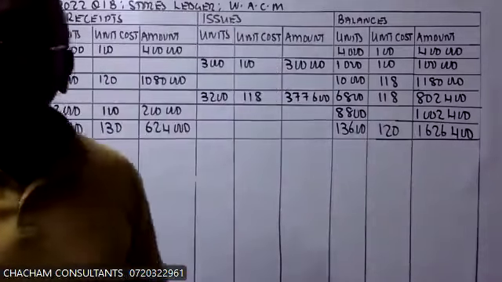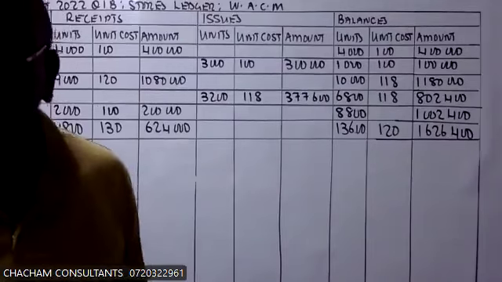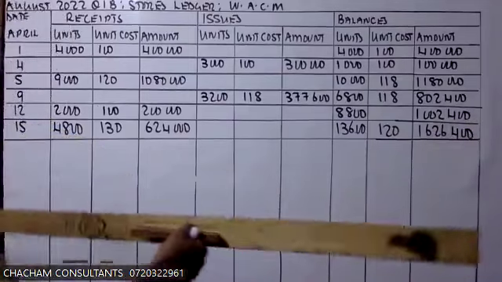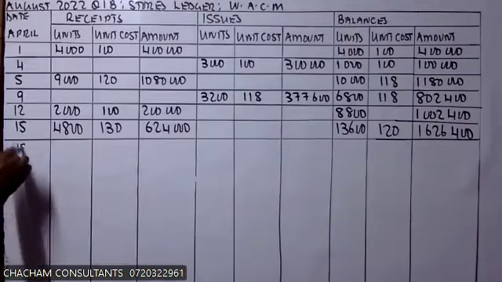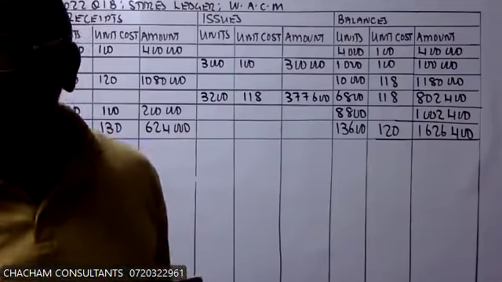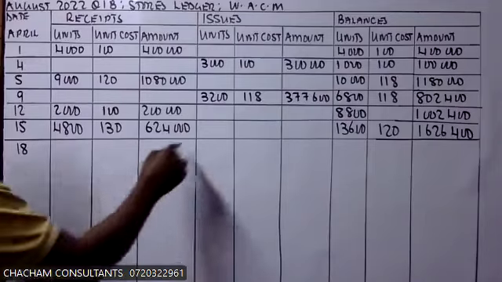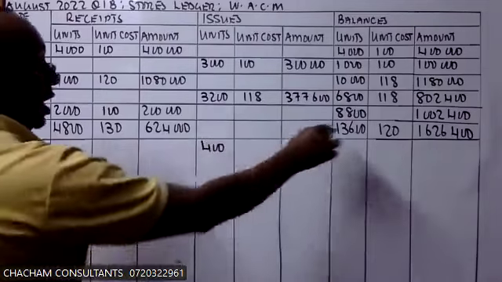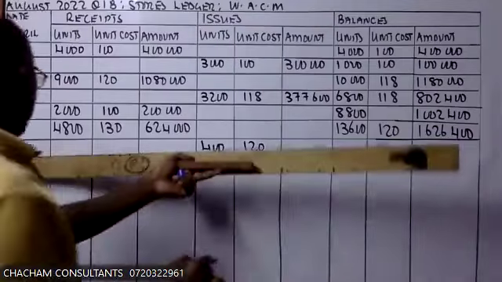When you call it 120, the next transaction is we returned on 18th. Now, when you return, it is taken as an issue. So we returned 400. So you take it at that cost of 120.